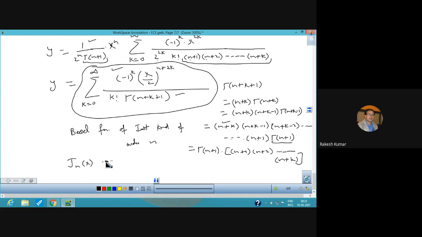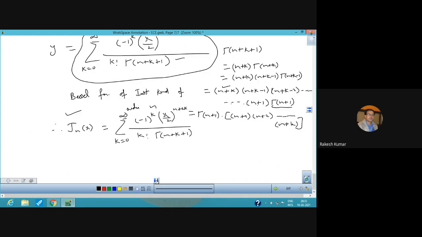So the value of J n x is summation of minus 1 raised to power k, x upon 2 raised to power n plus 2k, divided by k factorial gamma n plus k plus 1, and your k varies from 0 to infinity. Now this is your J n x. This is a Bessel function of first kind of order n. This is the solution of the given Bessel equation of order n.